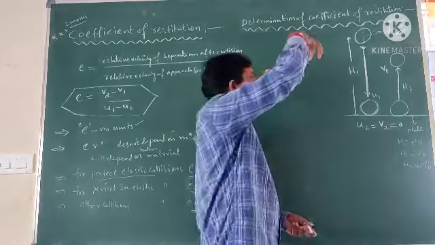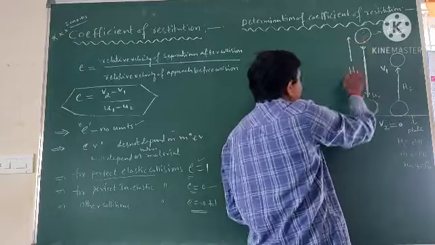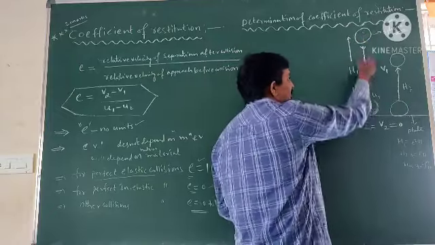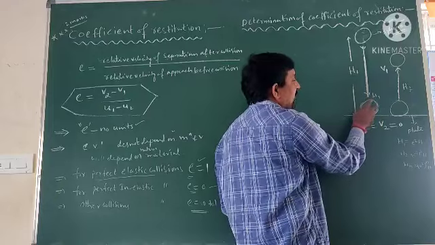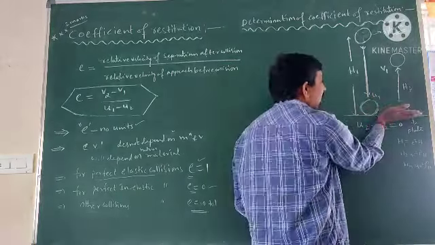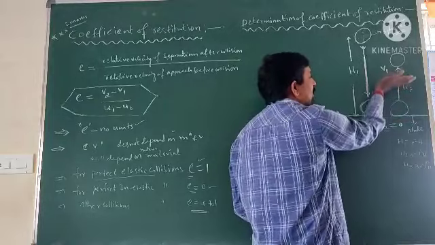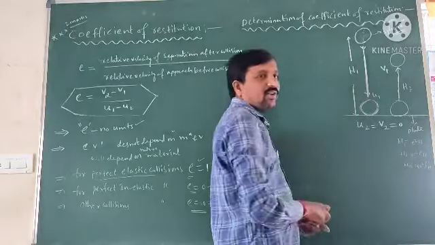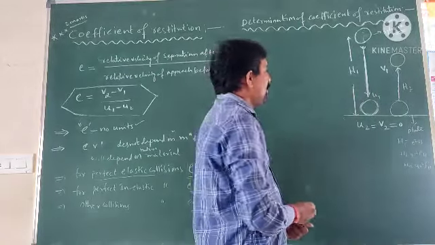The sphere is dropped from a certain height h1 onto the plate. The sphere hits the plate with u1 velocity. After collision, it rebounds to height h2 with a velocity of v1.